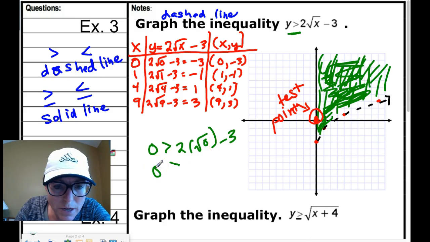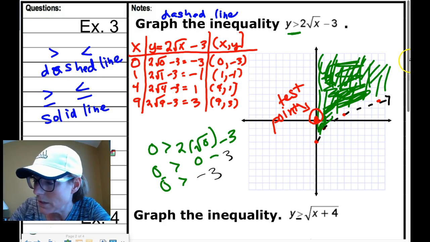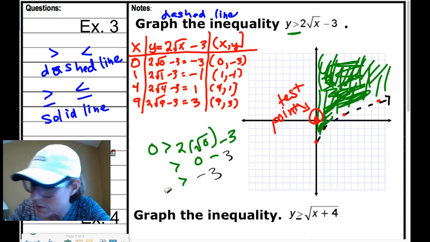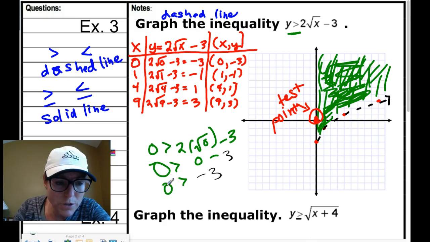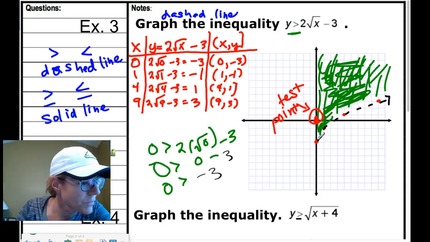Is 0 greater than 0 minus 3? Is 0 greater than -3? You bet it is. So let's erase this right here because I don't like the way that looks. All right, we're going to fix this right now. Is 0 greater than -3? Yes, it is. So therefore we shaded above and that was the right thing to do.